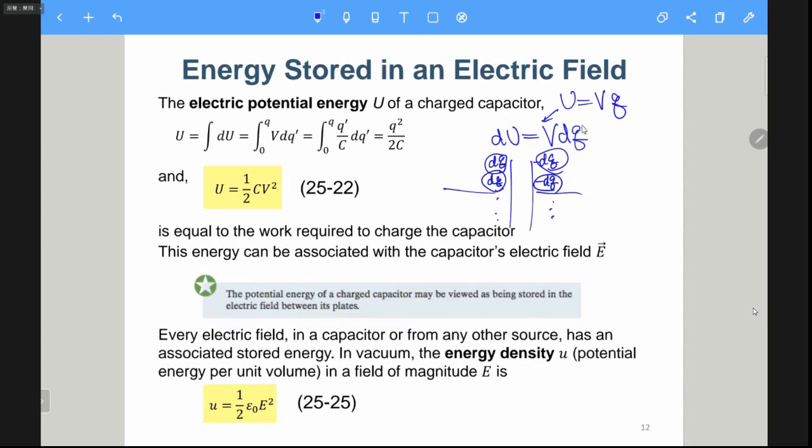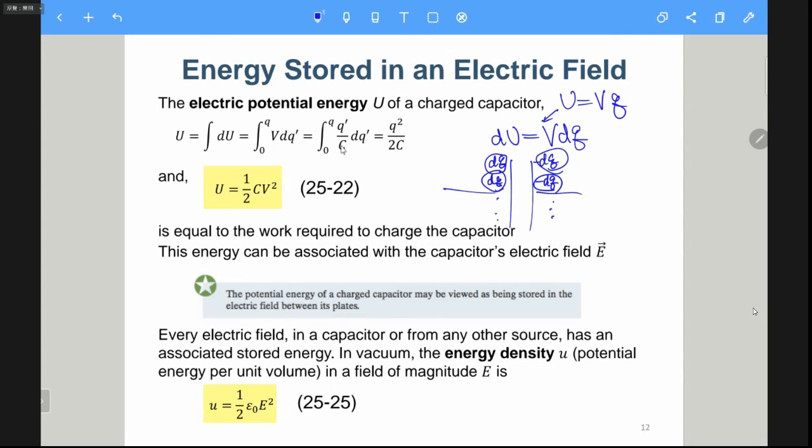As we have Q here, we make it Q prime for the dummy variable, and V equals Q prime over C, because as you put more charge here, the potential difference between the plates will increase gradually. Then you integrate Q prime from 0 to Q.